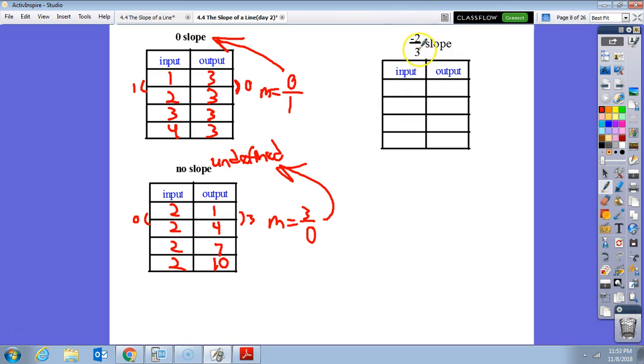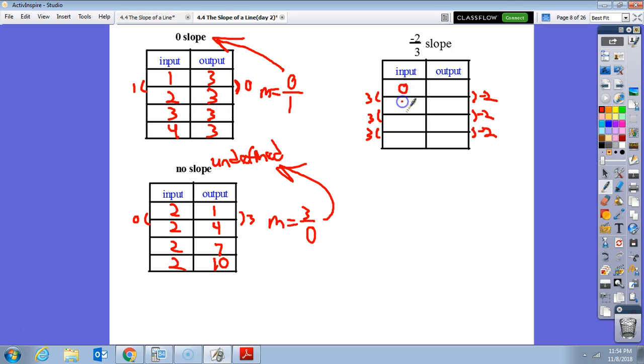Well, what about negative 2/3? That means it should be going down 2 over 3. Down 2 over 3. Sorry guys, things are struggling a bit. So, give me a number. You start with, say, 0 here.